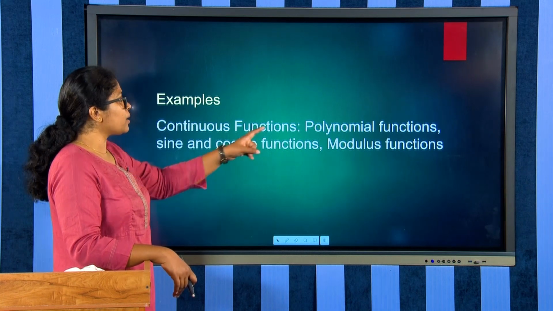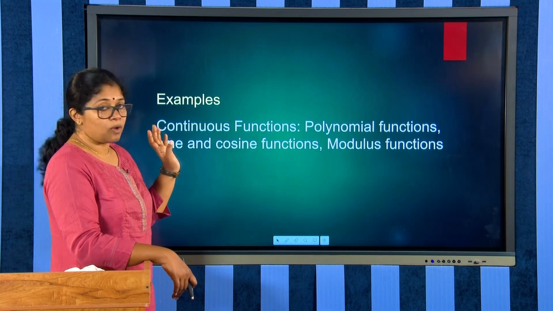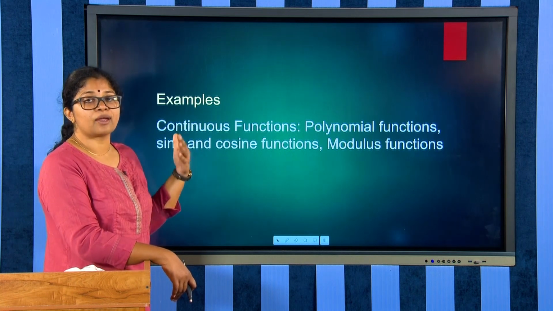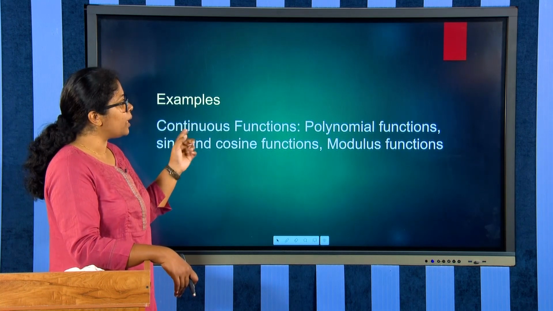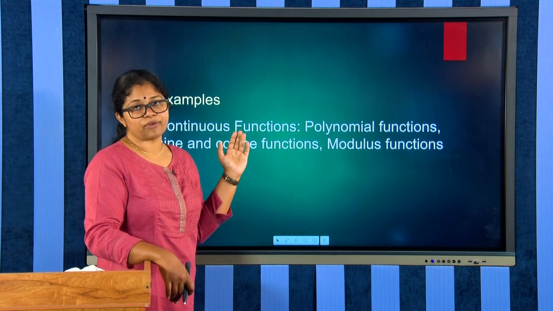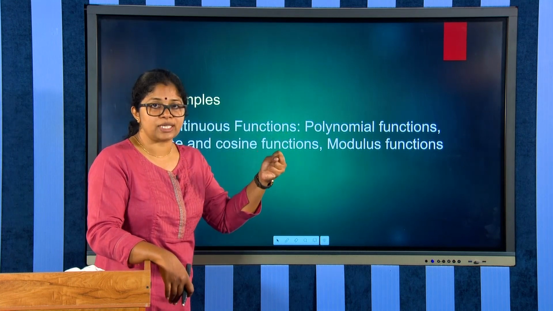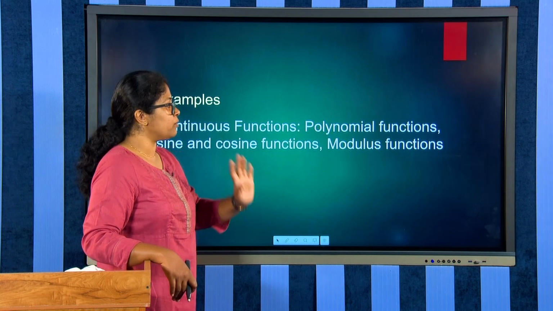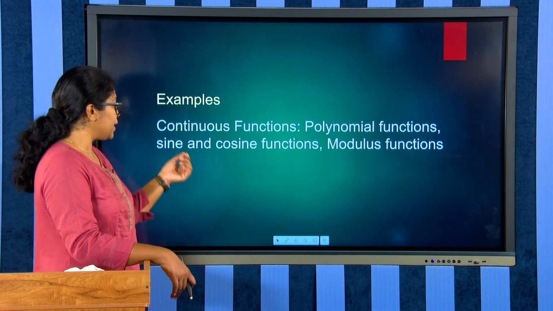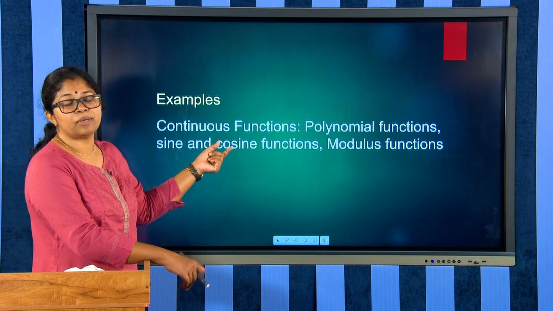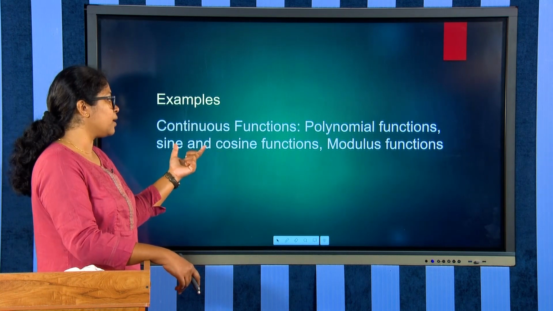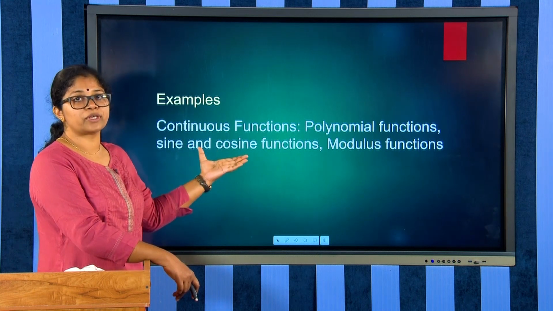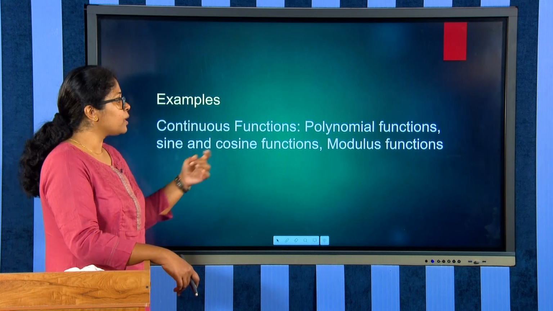They are continuous functions because x, x square, x cube, the power functions of x, are all continuous, and so by the previous result, if f and g are continuous, f plus g is continuous and kf is also continuous, and that gives the continuity of polynomial functions. Sine and cosine, namely the circular functions, are the only two trigonometric functions which are continuous.